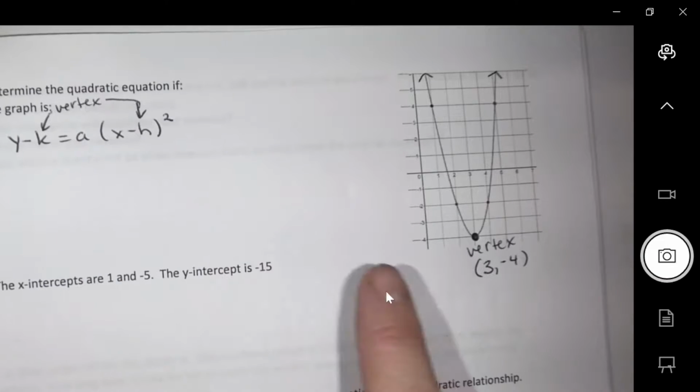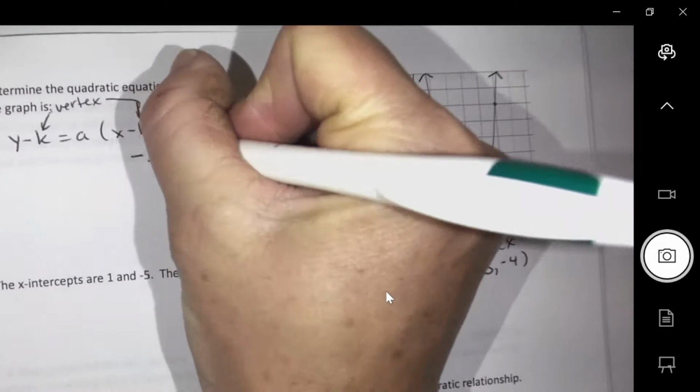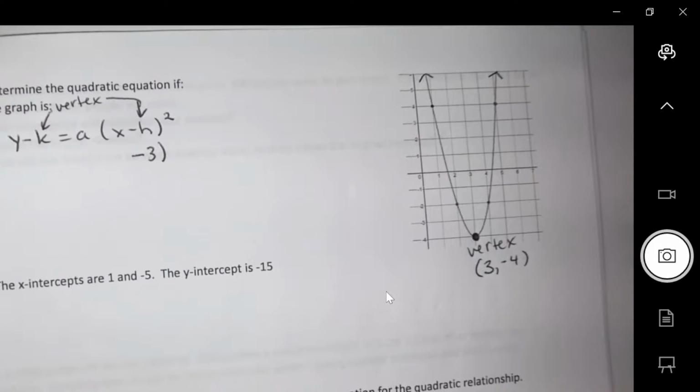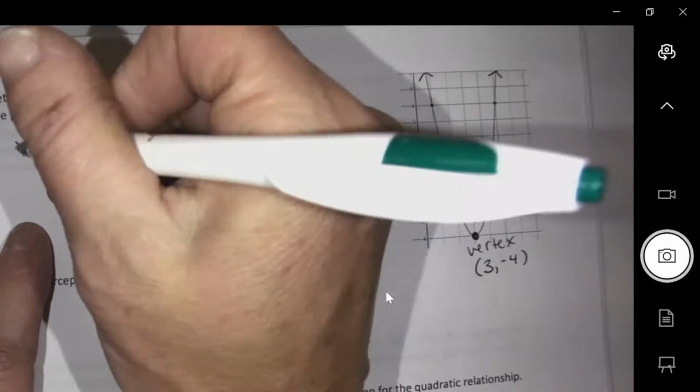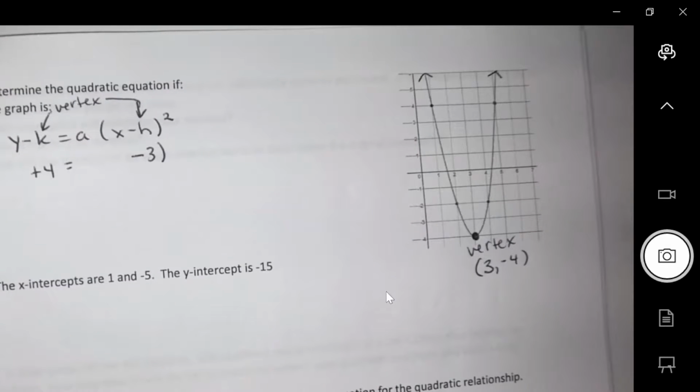So the X is 3, so I'm going to write subtract 3. And the Y part of my vertex is negative 4, so I'm going to write a plus 4. Okay?